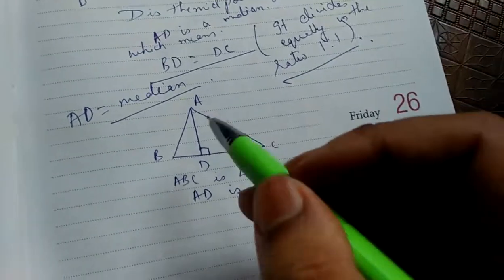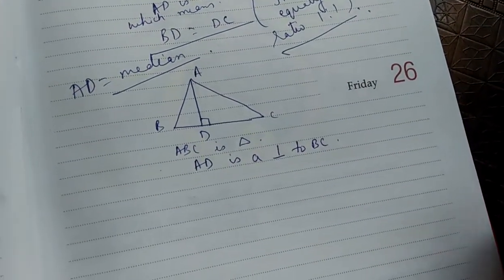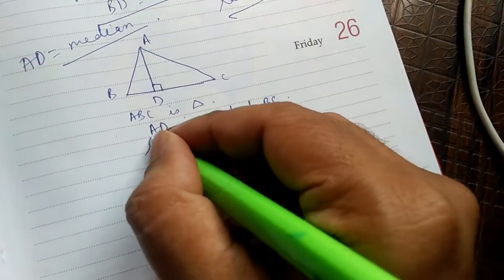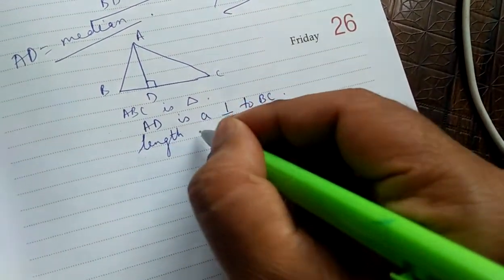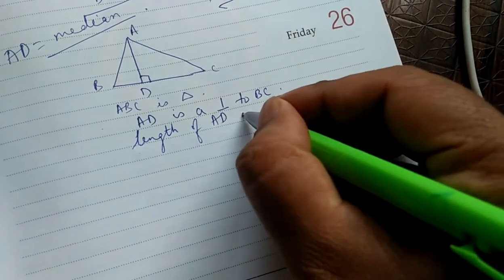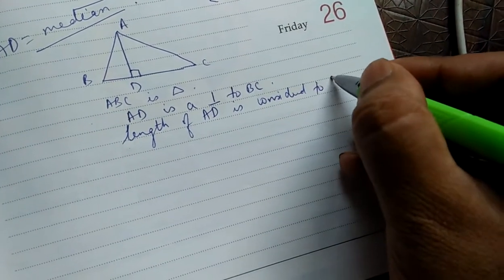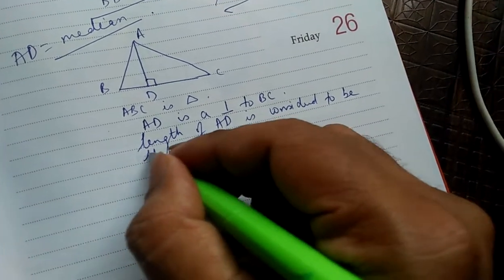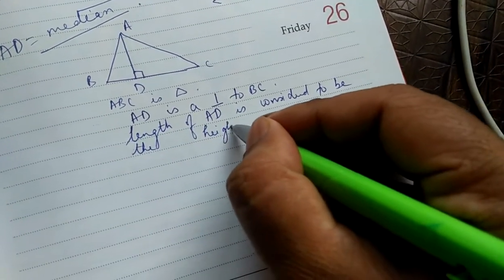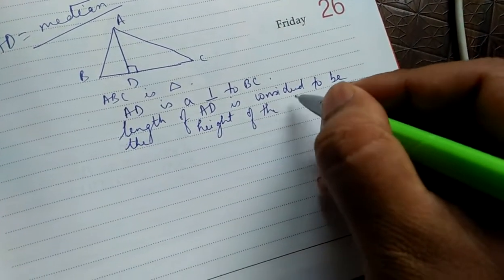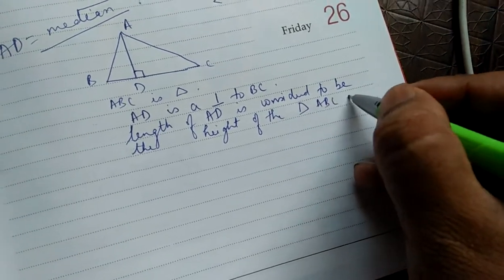Okay, AD is a perpendicular line to BC. So length of AD is considered to be the height of the triangle ABC. Okay.